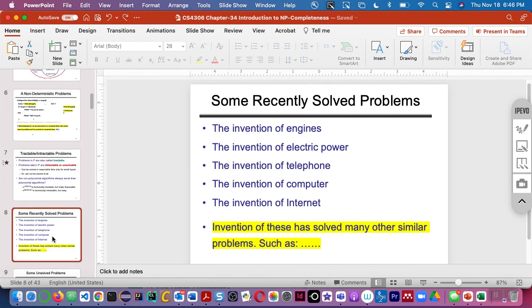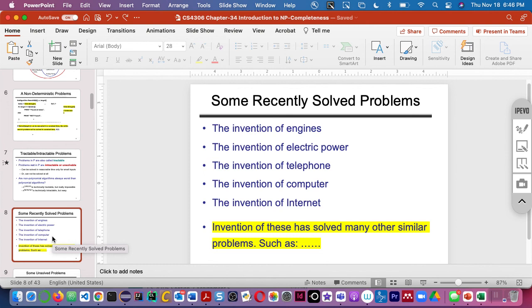I asked you about problems that are not solved yet; we'll get to that a little later, but let us see some problems that were solved recently, maybe 2 years ago, 20 years ago, 200 years ago, 2000 years ago.